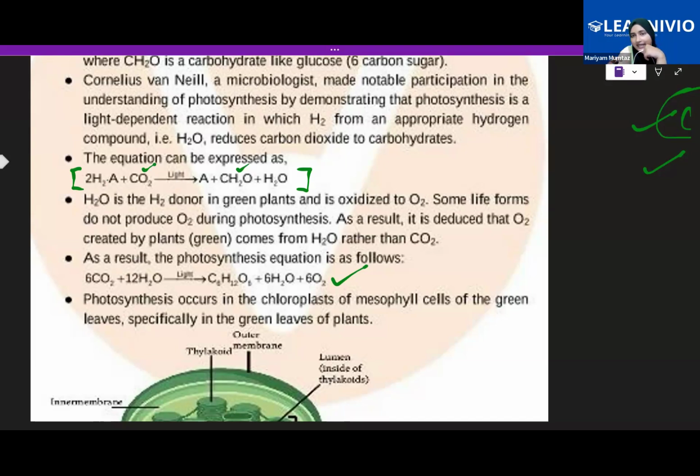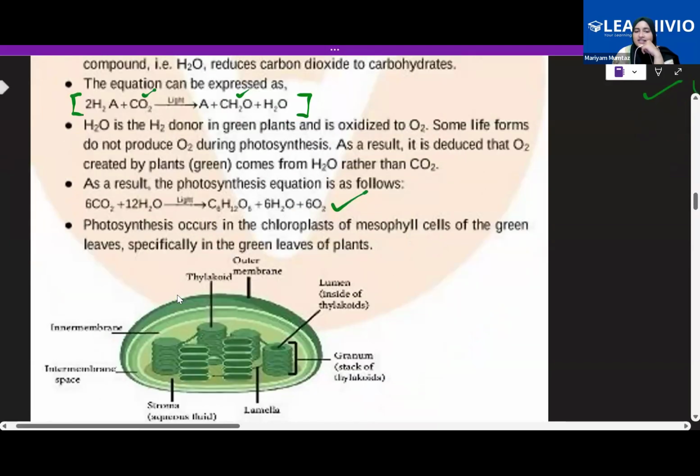So as the light reaction gets completed, the A is released separately from H2. Understood? The A was not there in CO2. It was there attached with the H2. So they're showing that after the photosynthesis is done, the A comes from H2, as a hydrate. So this much is clear to everyone.